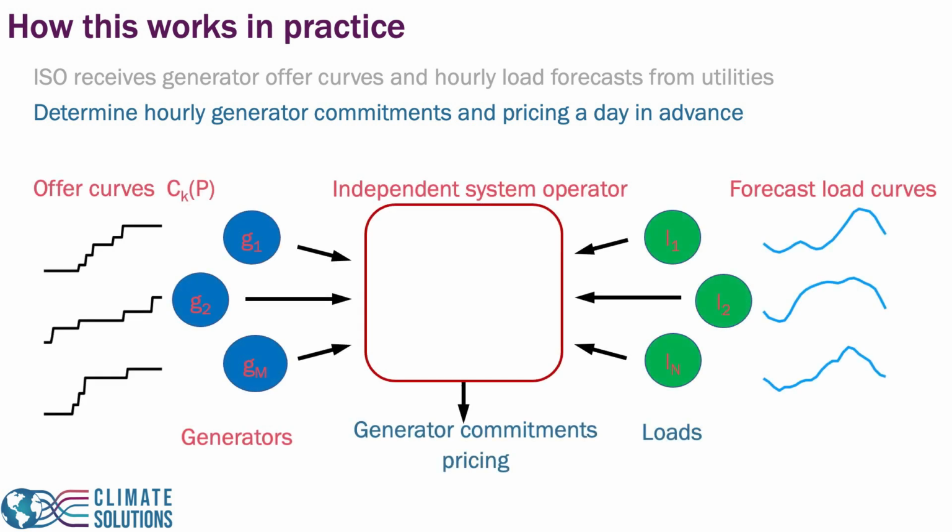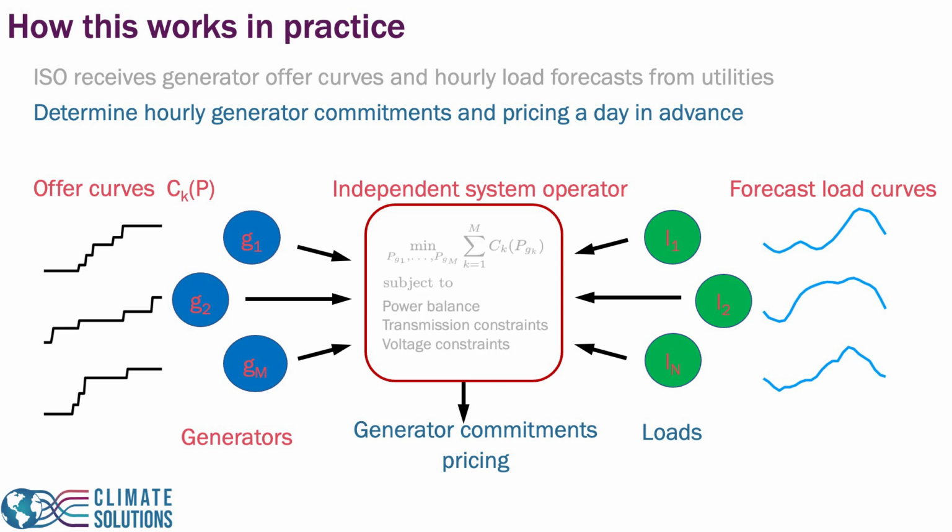So on the left-hand side of this diagram, you have the offer curve. Each independent power plant is offering electricity into the ISO. On the right-hand side, you see all the different loads, or all the different demand, that the ISO thinks there's going to be. So they forecast, okay, each one of these areas is going to require a certain amount of electricity, and the load curves are shown in blue on the right.